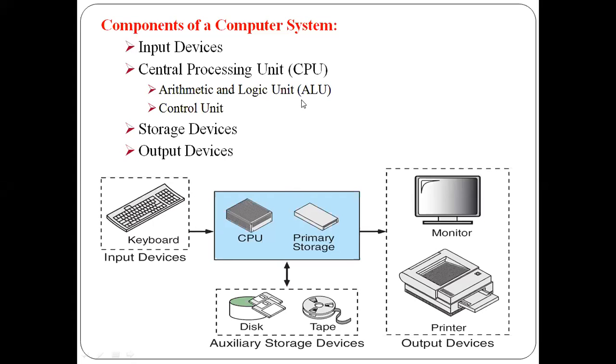Next, coming to the central processing unit, CPU is known as the brain of the computer. It has three parts basically: arithmetic logic unit, control unit, and memory unit. We also have different storage devices, and then we see the output with the help of output devices. This is basically known as computer architecture.